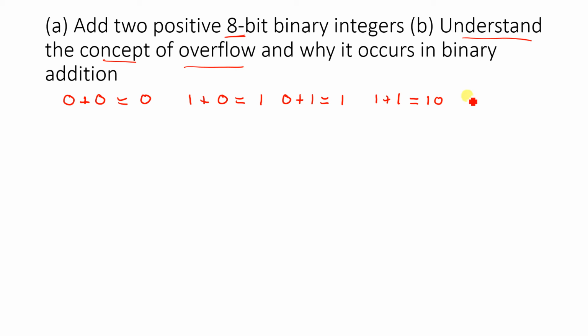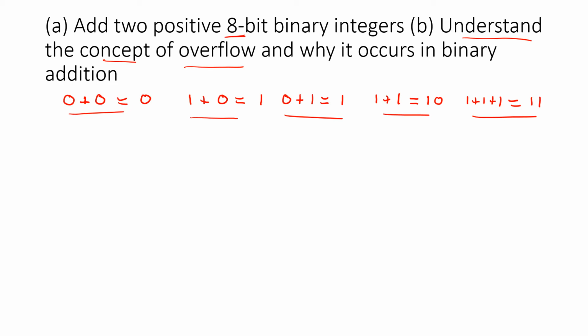And then we can have 1 plus 1 plus 1, which is 3, which in binary is 1 1. So just remember these simple rules when you're adding them. Apart from that, it's really quite simple.